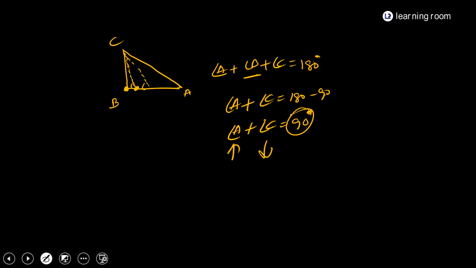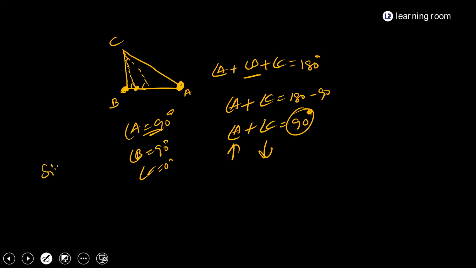Very good, that's a good question. So when A coincides with B, then AC will be equal to BC. Then angle A equals 90, angle B equals 90, and angle C equals 0.